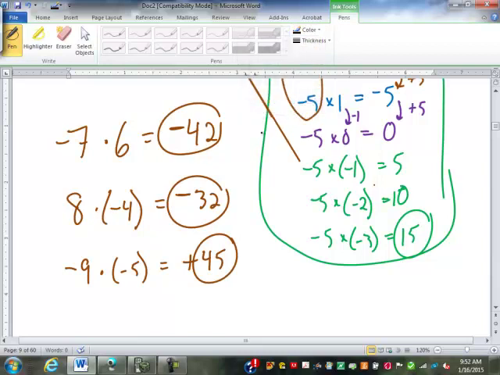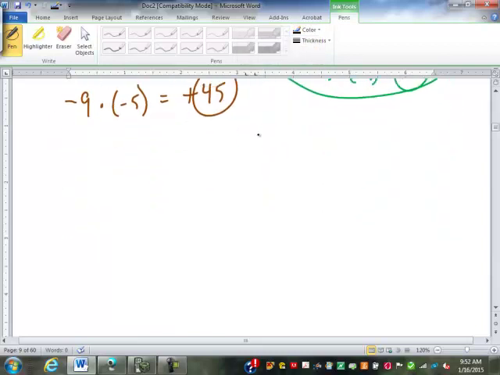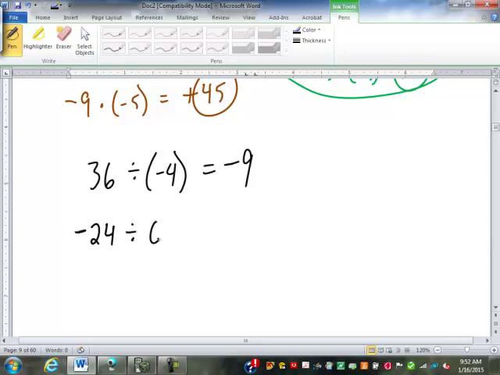Division, we're not going to waste a lot of time on it. Follows the exact same rules. 36 divided by a negative 4. Well, positive divided by a negative will be a negative. 36 divided by 4? 9. Or negative 24 divided by 6.